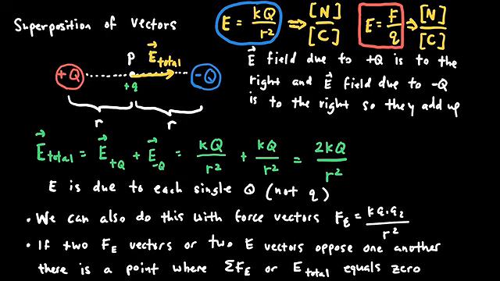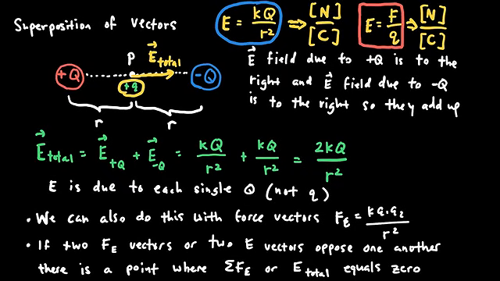And notice that the electric field is due to each single charge and has nothing to do with this little baby charge, this test charge that I'm placing in the vicinity of those things just to test for the electric force. And maybe an analogy that will help us understand that is that although Earth pulls on me, it exerts a gravitational force on me, my mass does not contribute to the gravitational field strength of Earth.